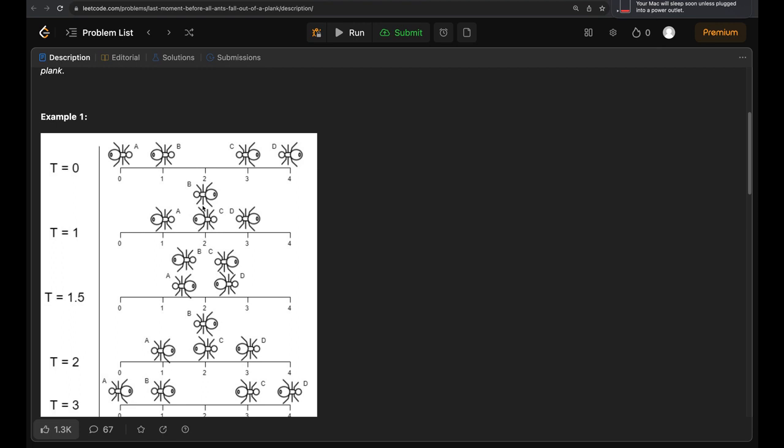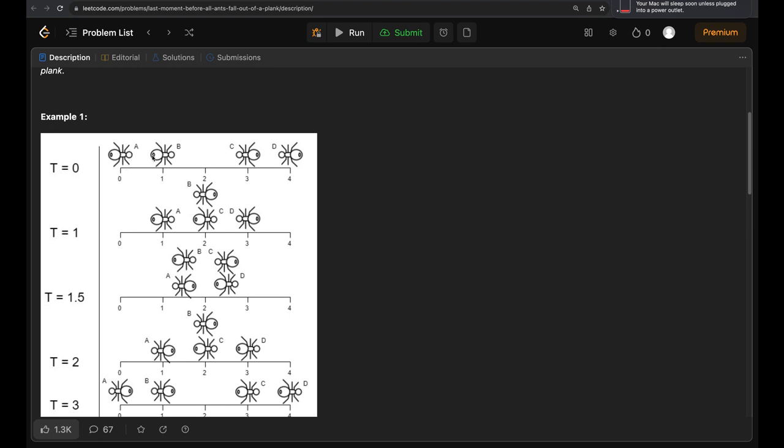So in this case, let's consider B and C, both are at the same point at t equal to 1 on position 2. B was traveling towards the right, and now B has changed its direction to the left. But does it matter to us?